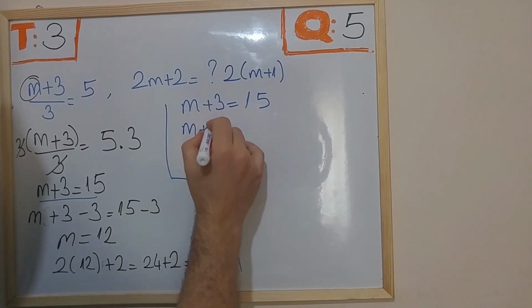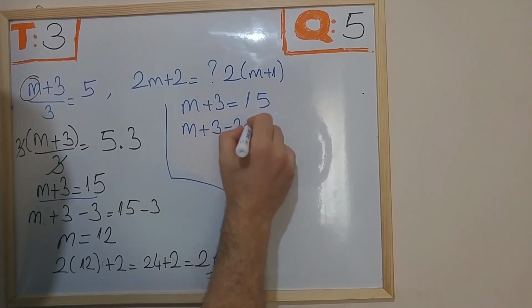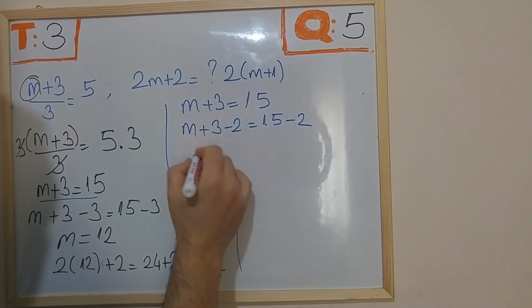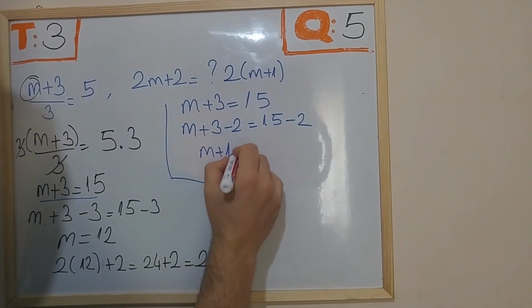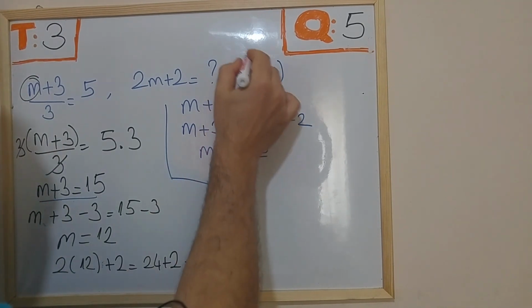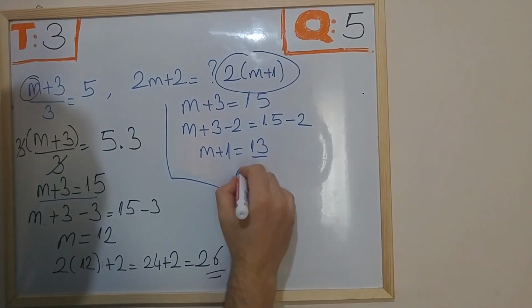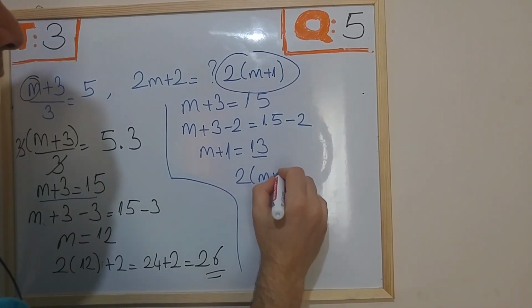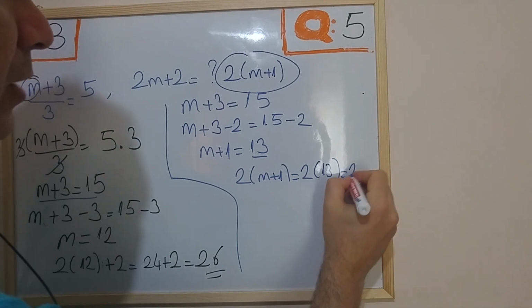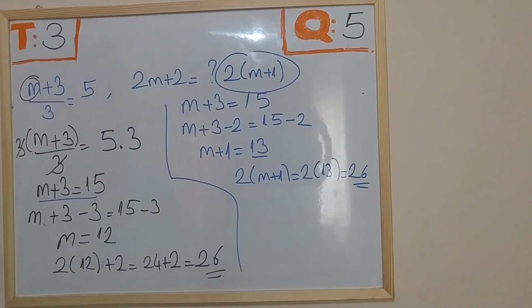M plus 3 minus 2 is equal to 15 minus 2. So therefore, m plus 1 is equal to 13. What we are looking for is 2 times (m plus 1). 2 times (m plus 1) is equal to 2 times 13, which is again equal to 26. Whichever you prefer, you get the right answer.